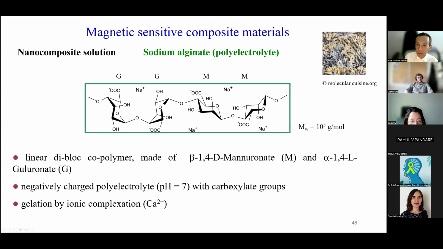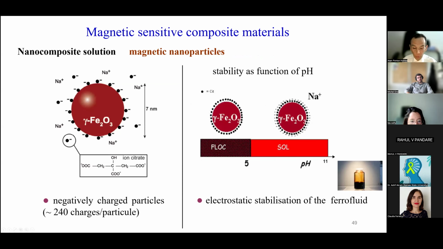And in this case, it is very interesting because if you add positive ions such as calcium, you can induce cross-linking of sodium alginate chains and obtain a gel, which is not a covalent bond.